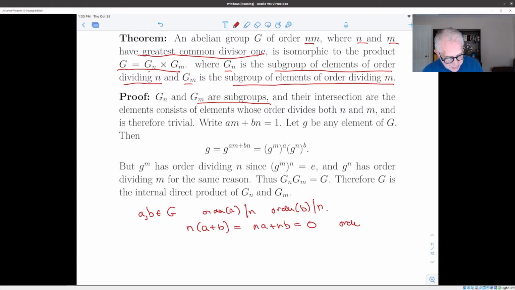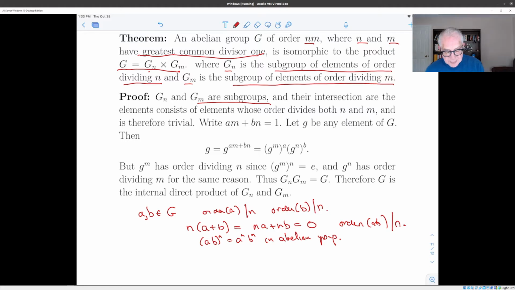So the order of a plus b must be a divisor of n. Here it's really crucial that the group be abelian, because if I wrote this multiplicatively, I'm using here the fact that (ab)^n is a^n b^n in an abelian group. So this is a place where this whole proof would fall apart if the group was not abelian.